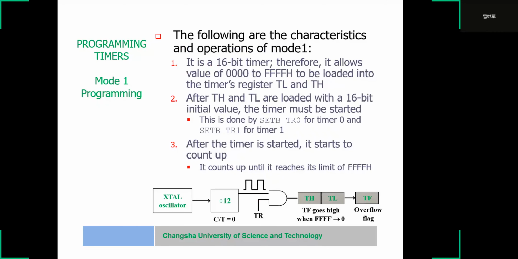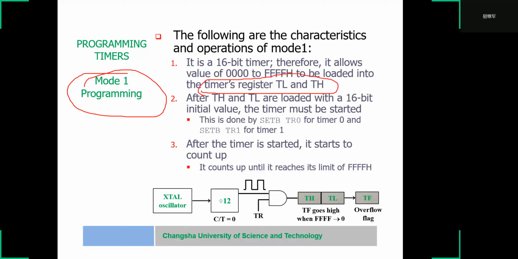The following are the characteristics and operations of Mode 1. It is a 16-bit timer. Therefore, it allows values of 0000 to FFFFH to be loaded into the timer register.